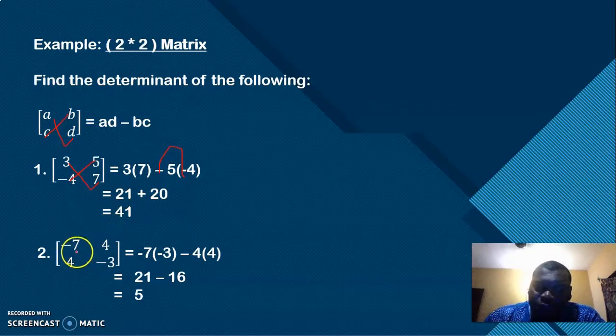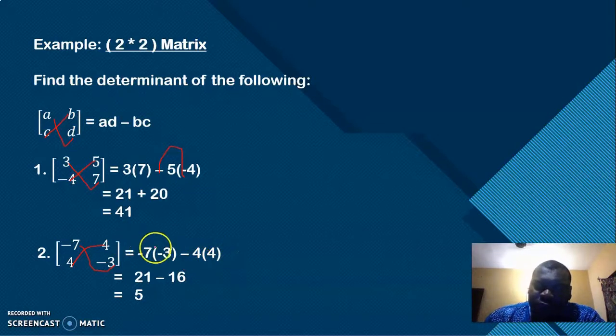Second example, we have matrix minus 7, 4, 4, minus 3. Like I said earlier, this minus 7 will multiply minus 3, then 4 will multiply 4. So minus 7 multiplied by open bracket minus 3 close bracket, then minus 4 times 4.